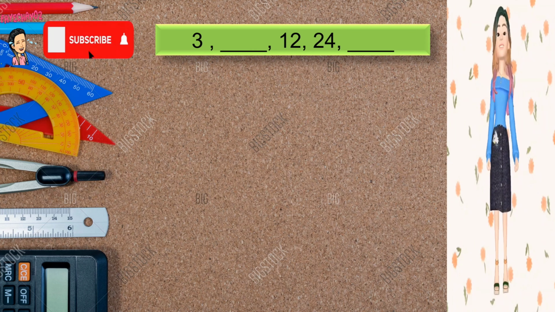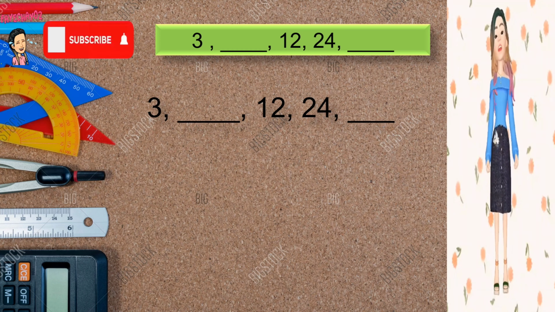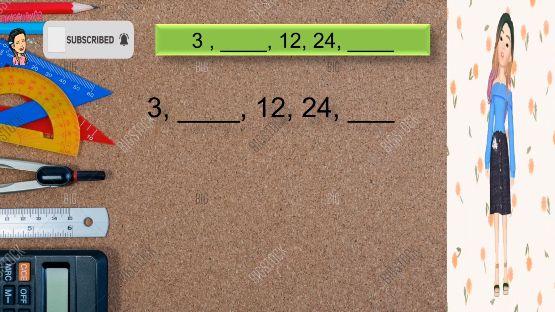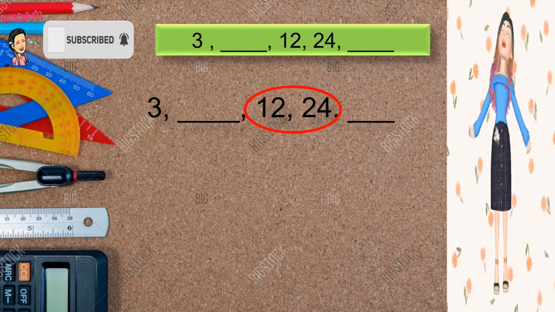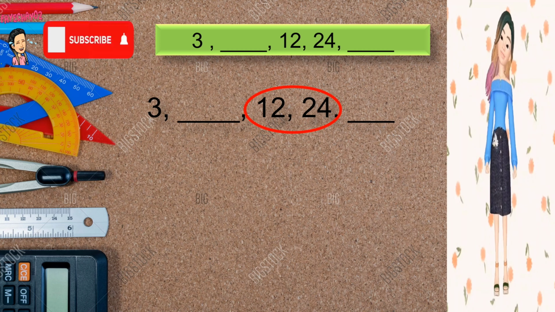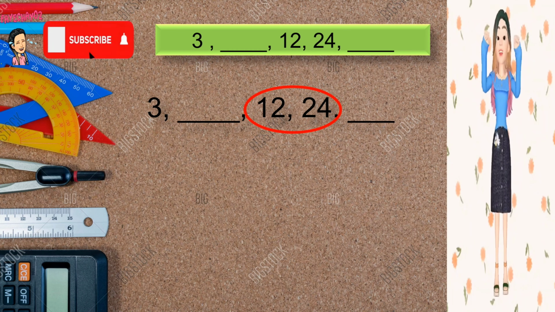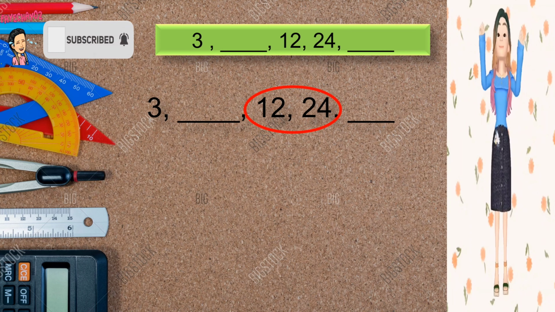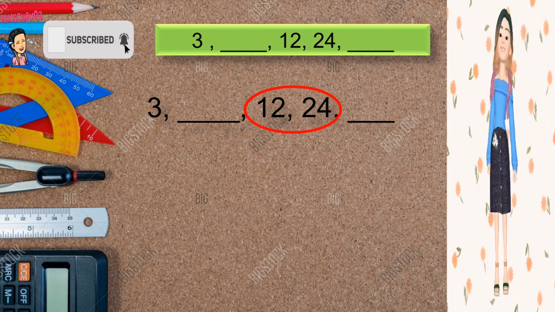So, this time, the missing terms are the second term and the fifth term. Okay. So, let us look at the numbers between the two missing terms. So, we have 12 and 24. If we're going to add the two numbers, parang medyo hindi pwede kasi malaki ang lalabas, kasi magiging 12 plus 24 ay 36.